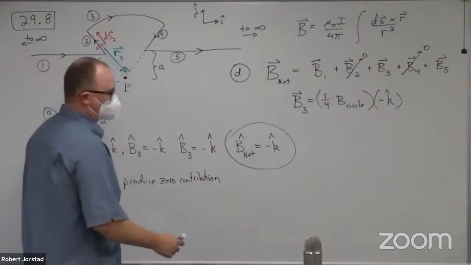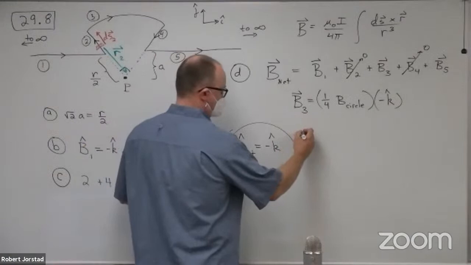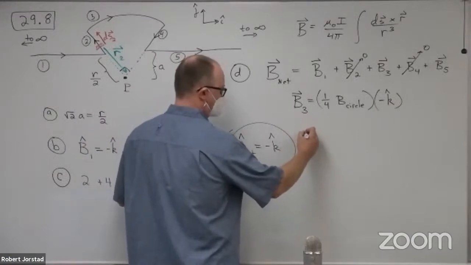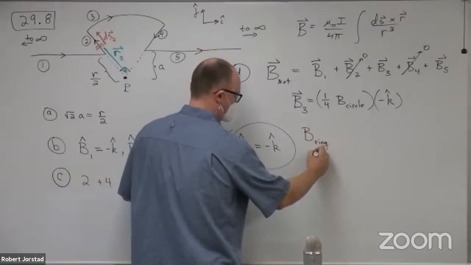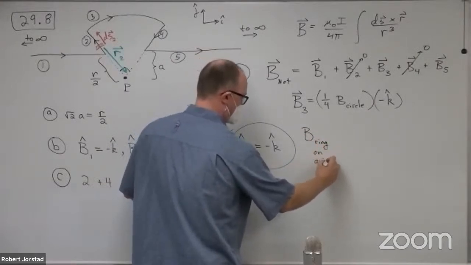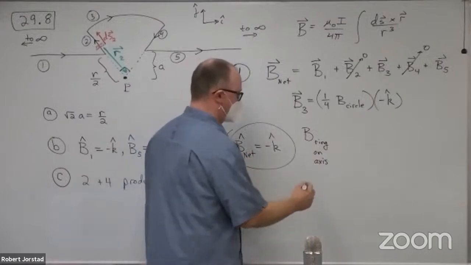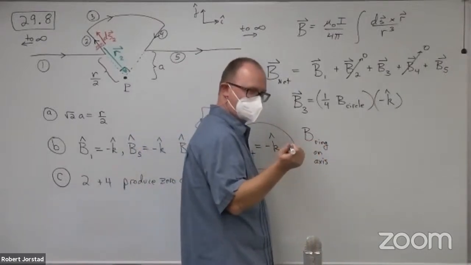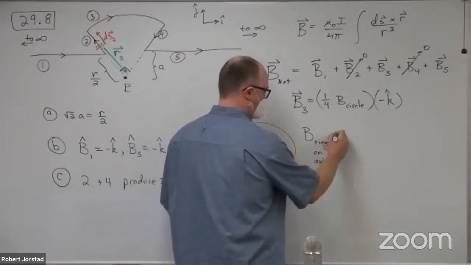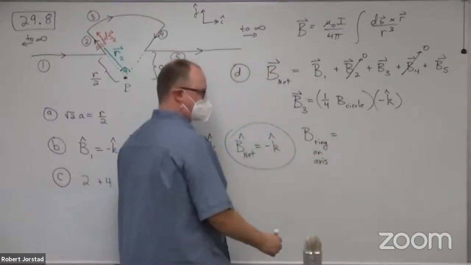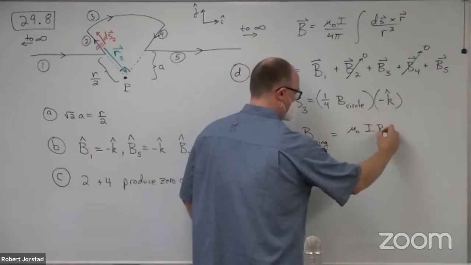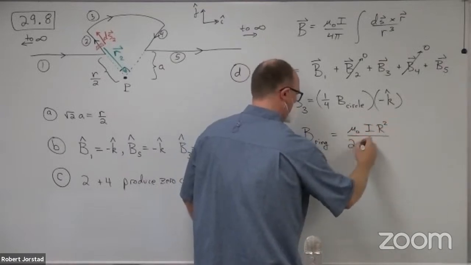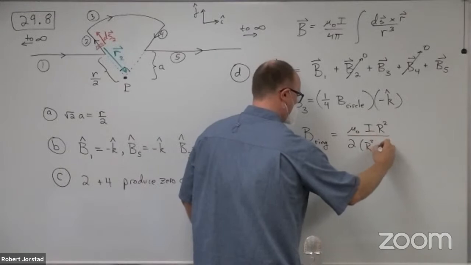What was the B field of a circle? Does anybody remember how to get that from your exam equation sheet? Yes, that's the memorized result. Is that on the equation sheet too? Look at the B ring on axis there. Isn't that mu naught I R squared over 2 times (R squared plus z squared) to the 3/2?